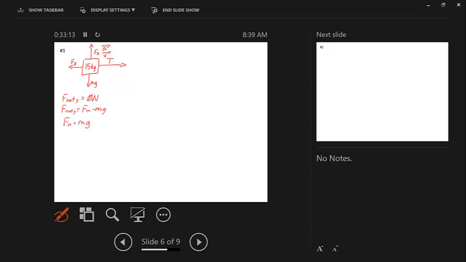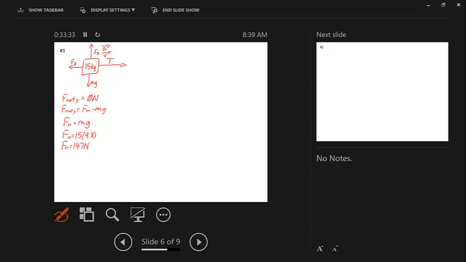Everybody okay with that statement? Good. So Fn is equal to 15 times 9.8, 147. So Fn is equal to 147 newtons.